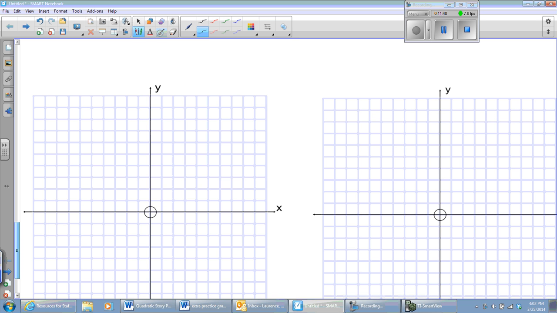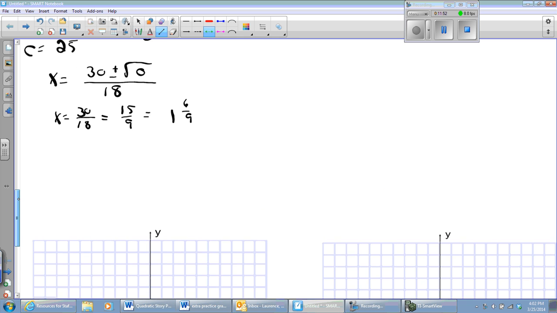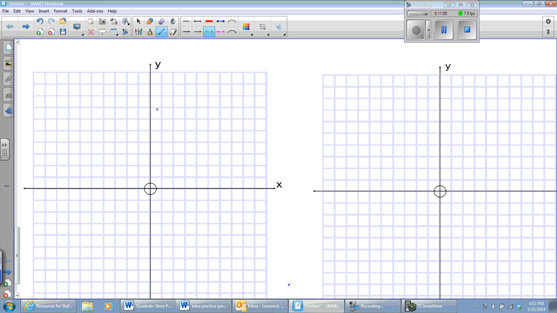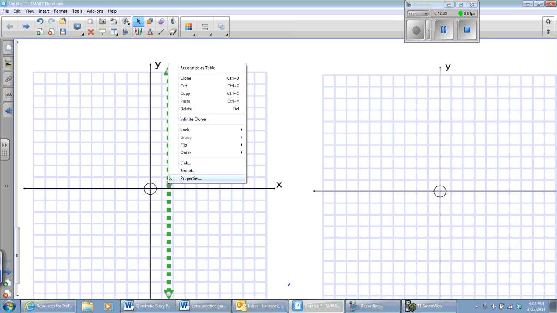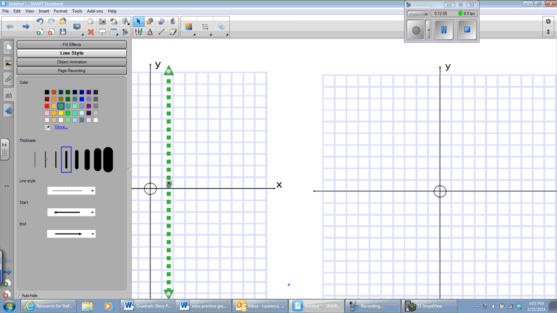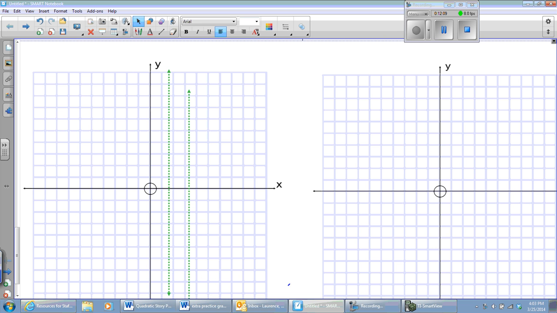I know the y-coordinate of the vertex already. How do I know? Because there's only one solution, so it's sitting on the x-axis. So 1 2/3. And again, I like to make that thin. There we go, and I'm going to clone him for use on the next problem.